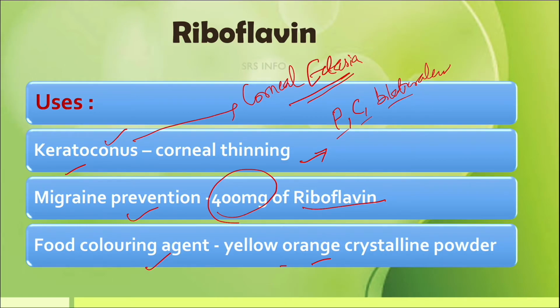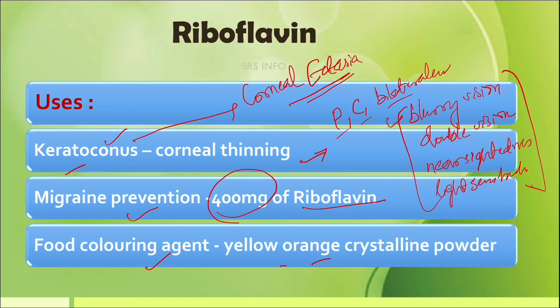And what happens when this cornea becomes thin? It leads to blurry vision, double vision, nearsightedness, light sensitivity. These are the major problems which occur due to this corneal thinning. Keratoconus is the most common form of corneal ectasia, and riboflavin is used to treat this disease.